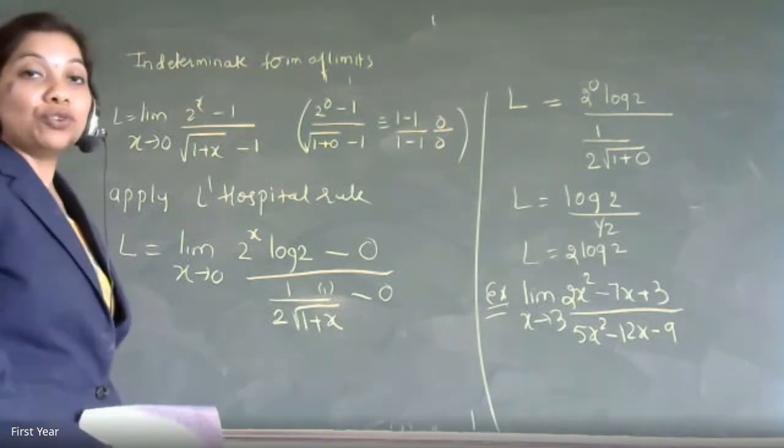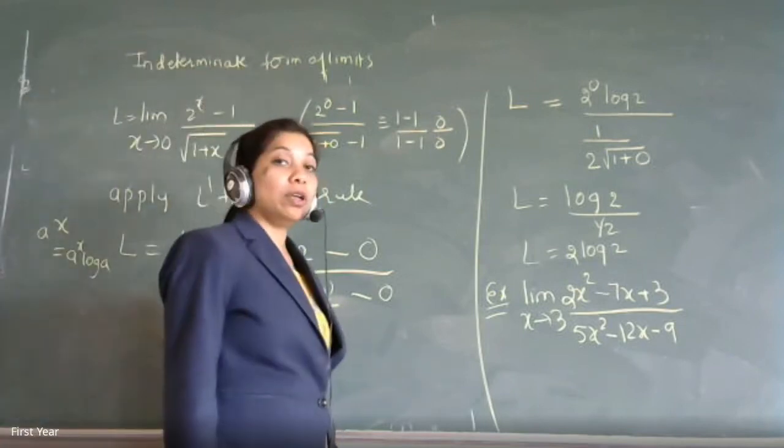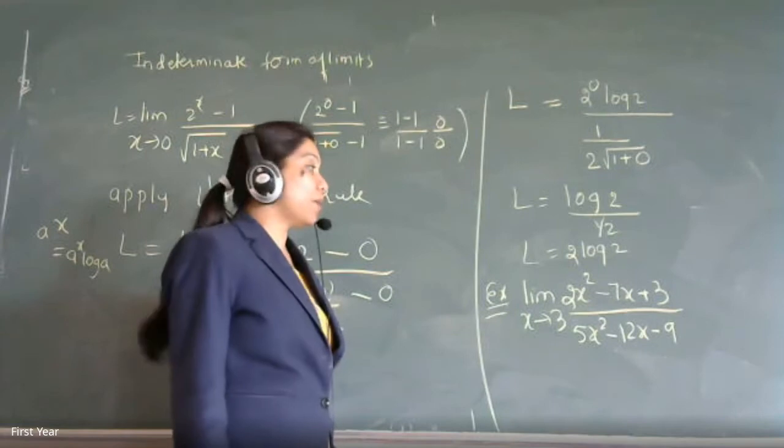Limit as x tends to 3, 2x squared minus 7x plus 3 upon 5x squared minus 12x minus 9.